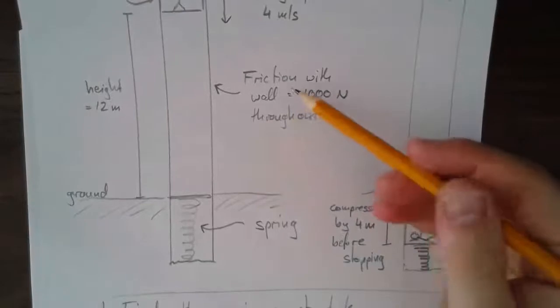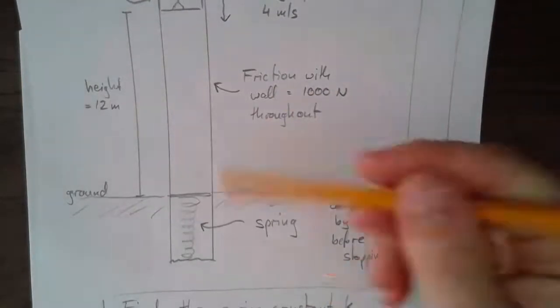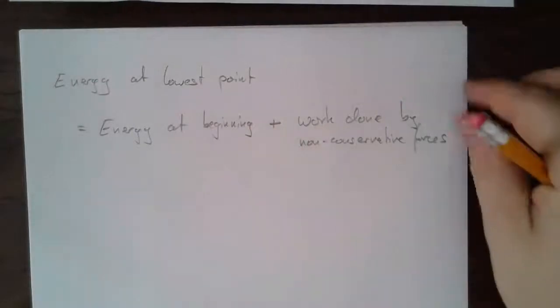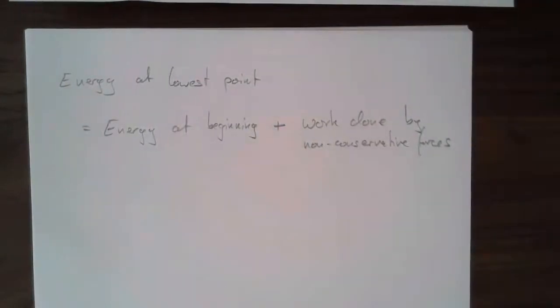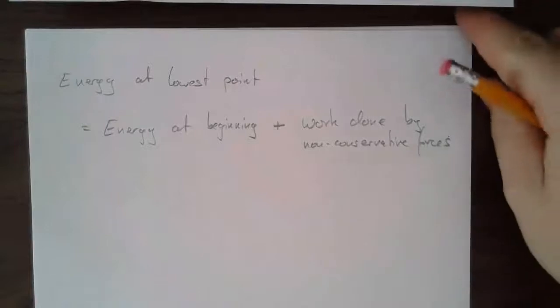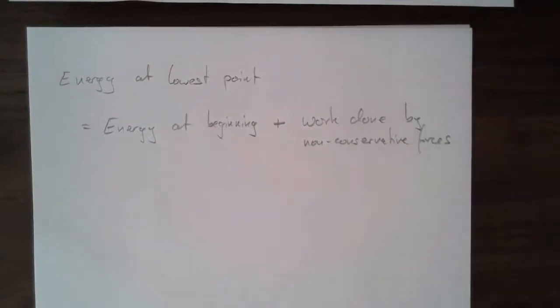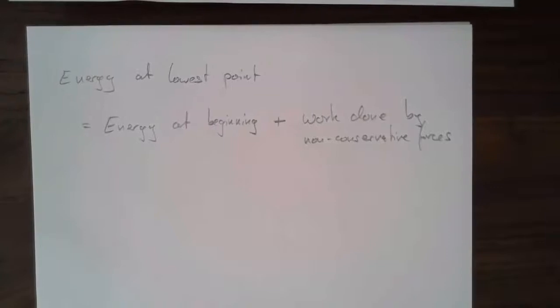And if I look at this diagram, the non-conservative force here is going to be the friction. Realistically, there might also be air resistance, but air resistance is a little bit more complicated to deal with because it depends on the velocity. And so actually doing calculations with it, like what's the work done due to air resistance, would require us to solve some differential equations. You might do that in a more advanced course on mechanics.